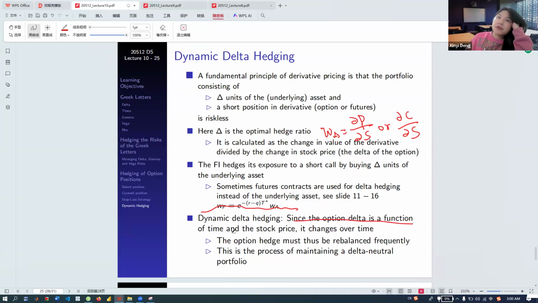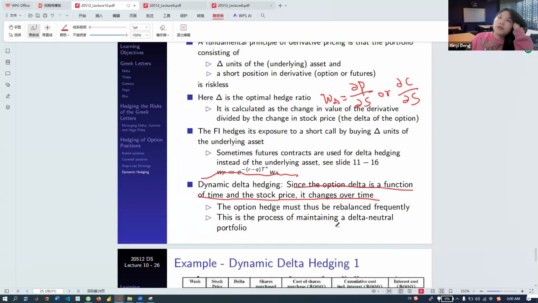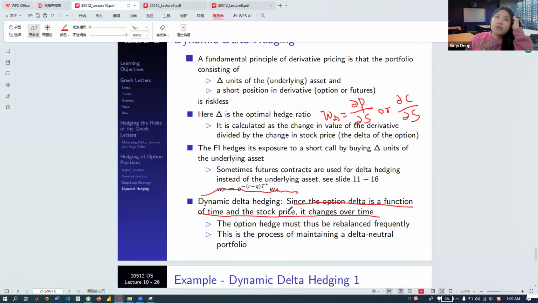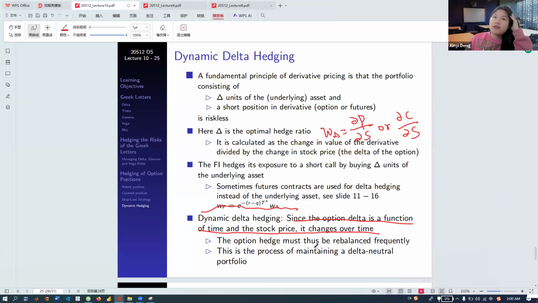Therefore, it changes over time. So dynamic delta hedging is just that you have to rebalance the portfolio to make delta equal to zero again. Dynamic delta hedging just refers to the process of maintaining a delta neutral portfolio throughout time via rebalancing.